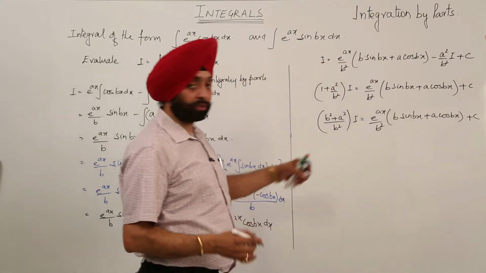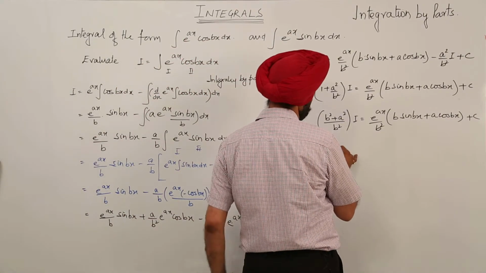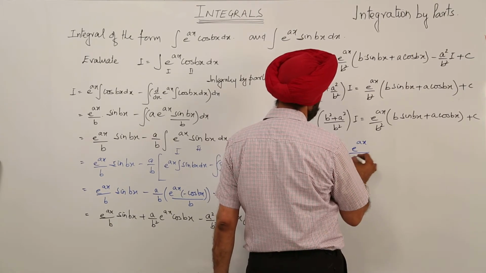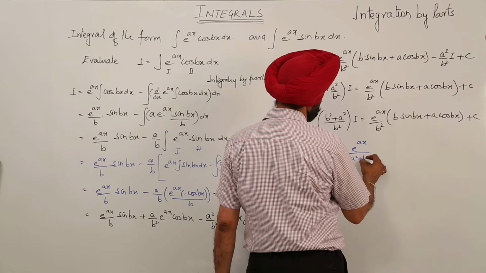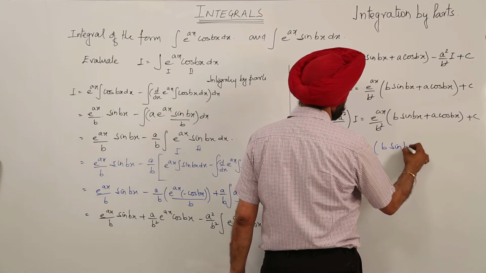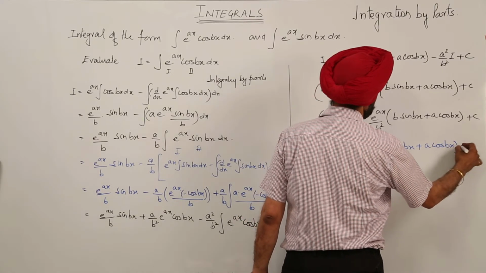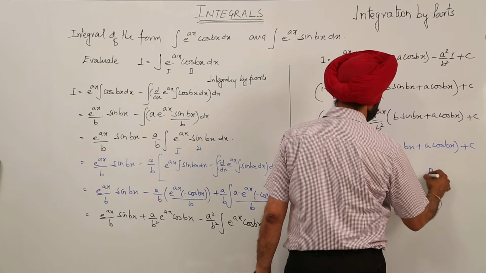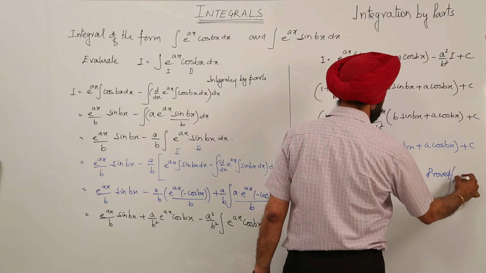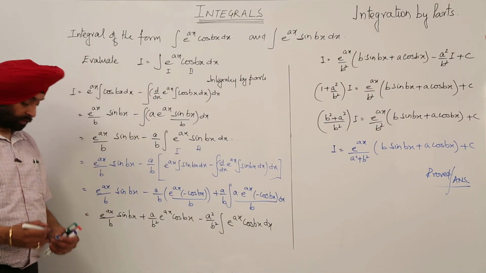Now this b square and this b square cancel, so we are left with e raised to power ax upon a square plus b square with b sin bx plus a cos bx. Okay, like this we have to move it.